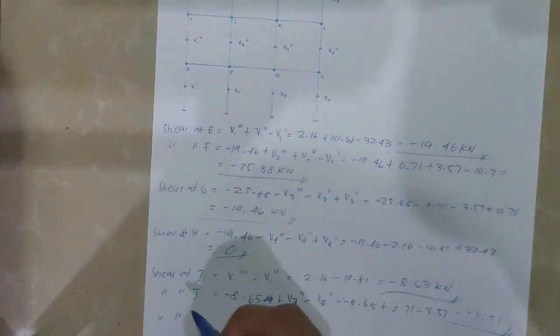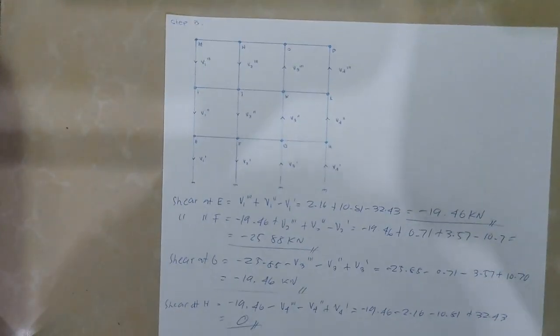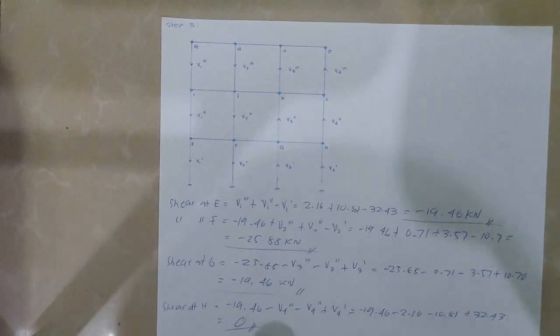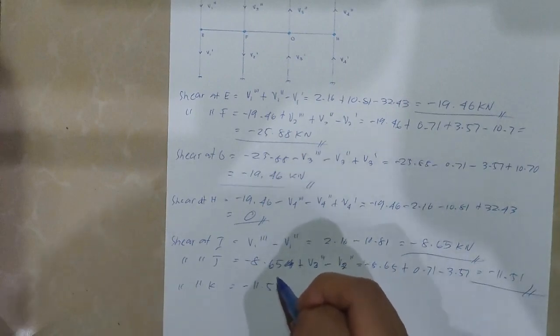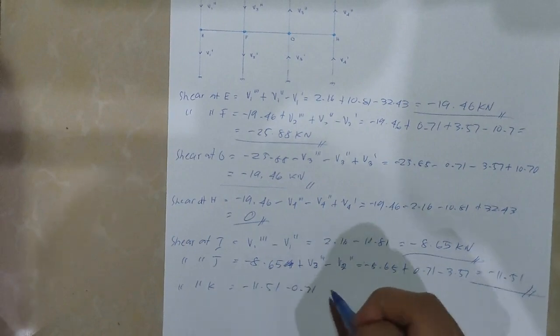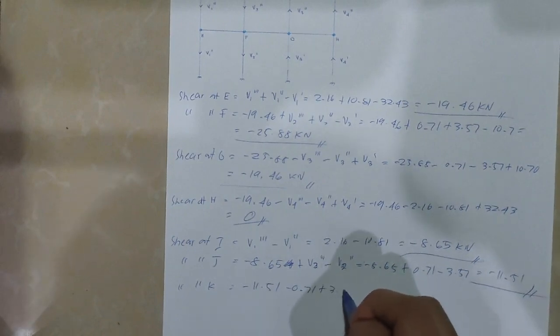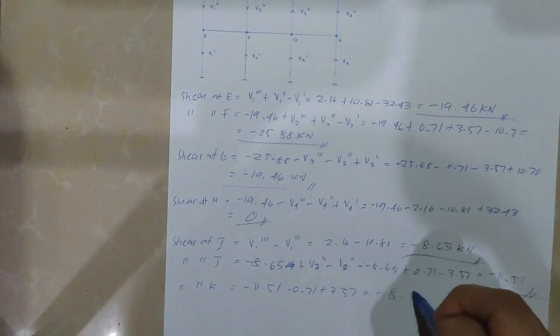So here at K, we go straight: input negative 11.51, minus 0.71 plus 3.87 for their values, and we get 8.65.